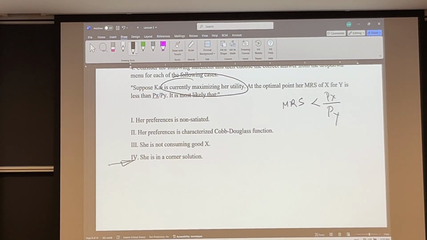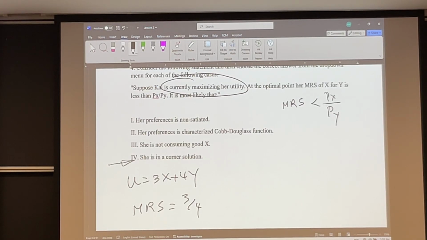The easiest corner solution is when tangency is not even possible. That happens when you have perfect substitutes. For perfect substitutes, MRS is constant. How can you make it equal to the budget line? Make sense? Say this is the individual, James, the one we had. What's the MRS for James? 3 over 4.